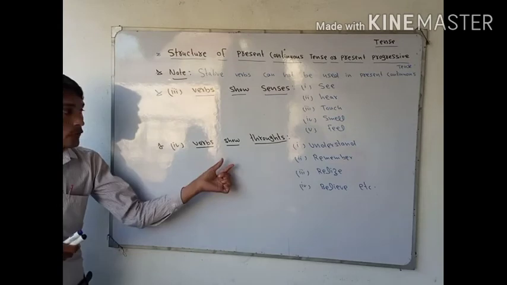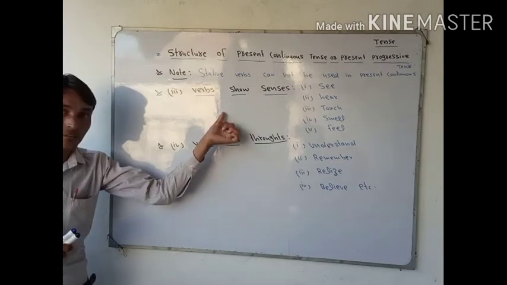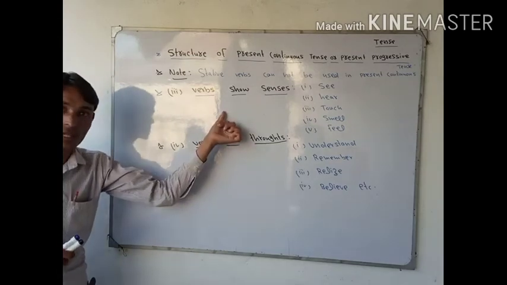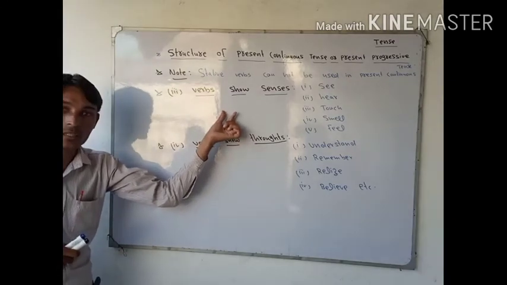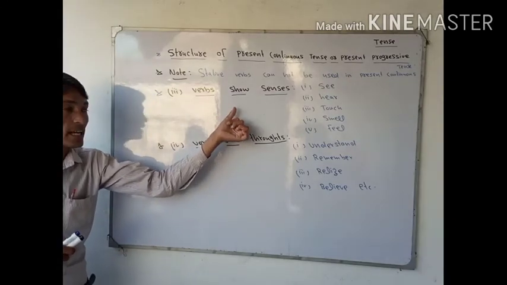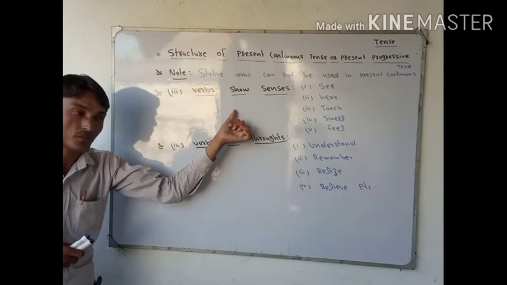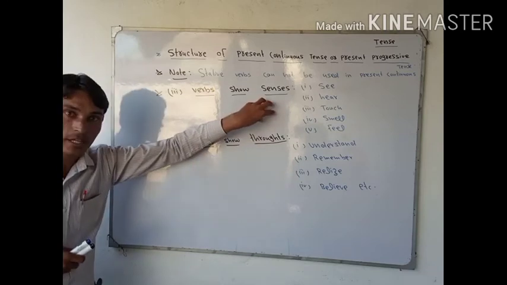So we have discussed stative verbs in detail. Stative verbs are those which do not express actions, which only express state or condition. There are 4 types of stative verbs.